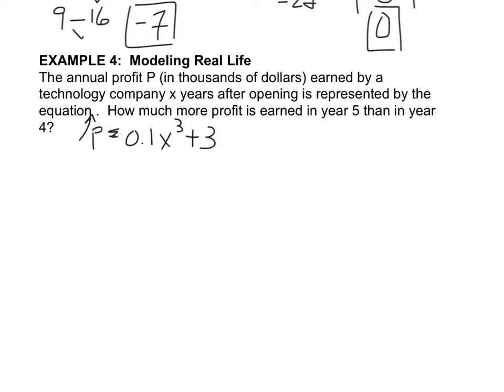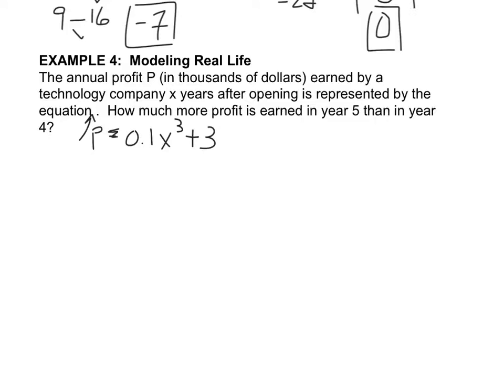How much more profit is earned in year 5 than in year 4? Well, we've got to think about how we get to this. So we can find the P, or profit, from any of these years by knowing what year we are and using the formula. So let's use the formula to figure out how much we made in year 4, for example.